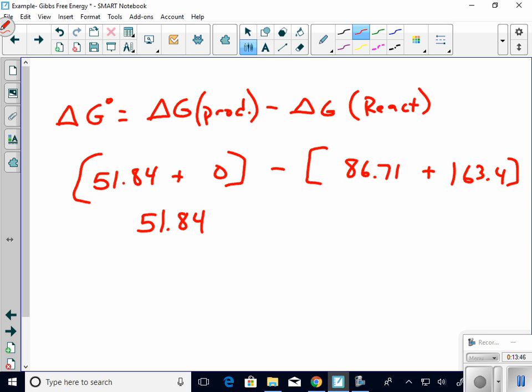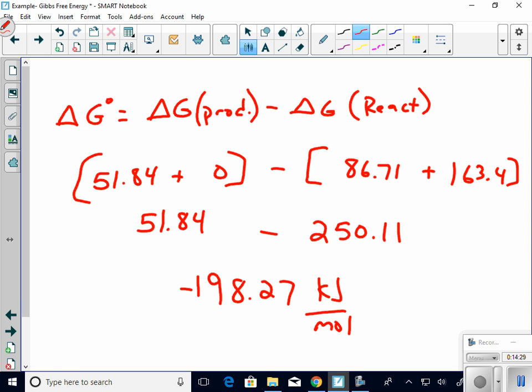So, 86.71 plus 163.4. So I take 51.84 and I subtract from that 250.11 and I get negative 198.27 kilojoules per mole.